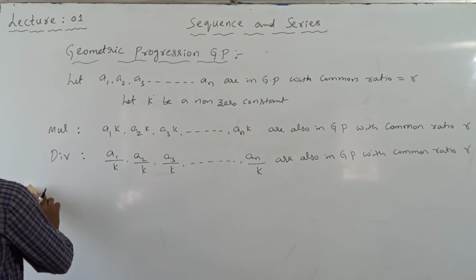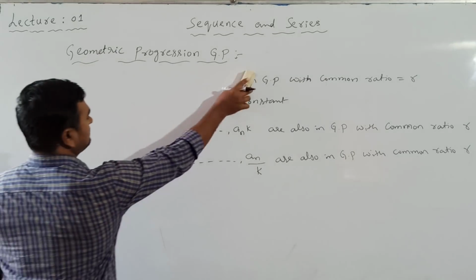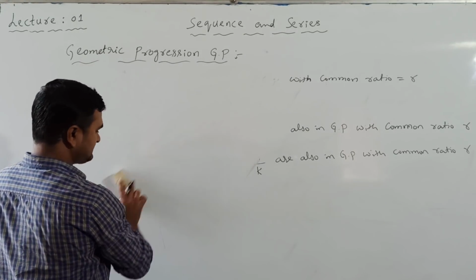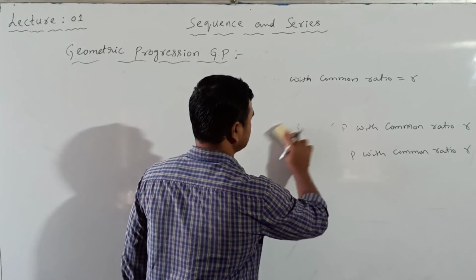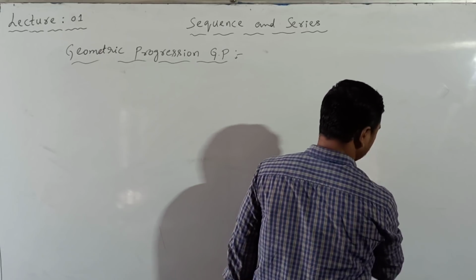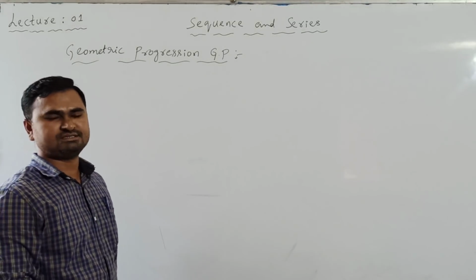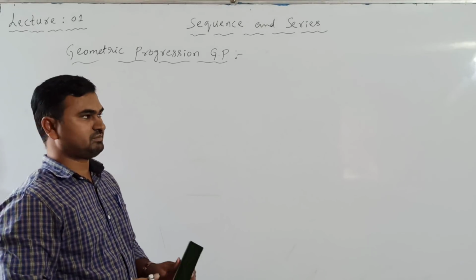As we have seen in arithmetic progression, we inserted arithmetic means between two given numbers. So here also we can insert numbers between A and B so that the resulting sequence will be forming a geometric progression.